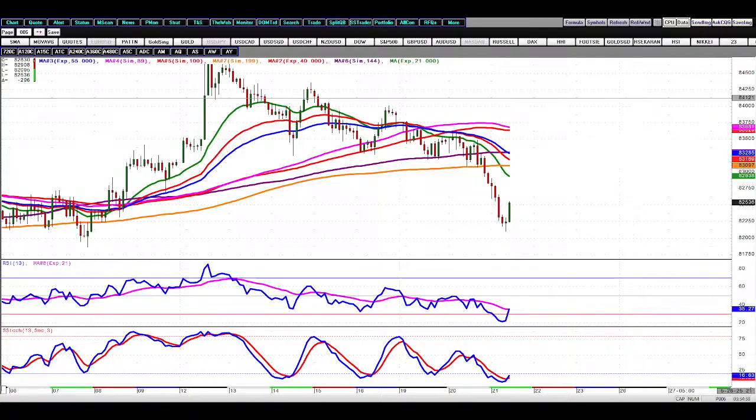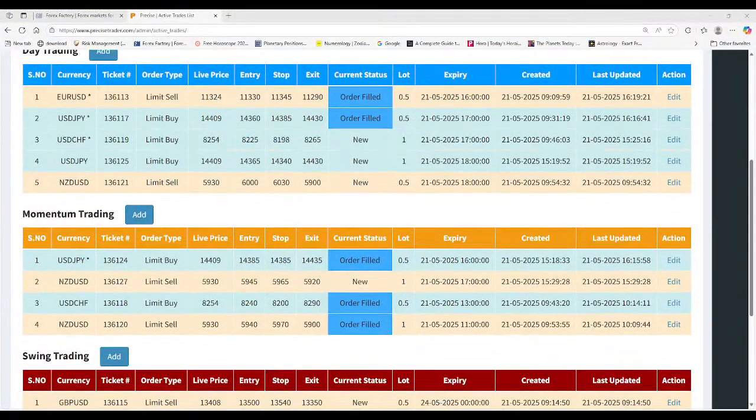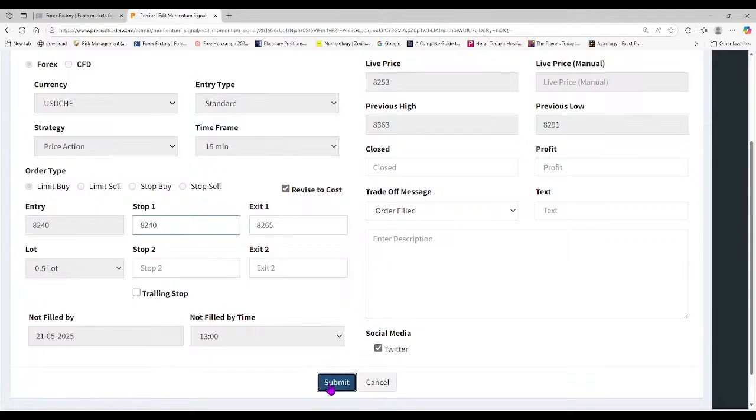So we'll try to change it to 65. Then the stop, I want to put it to cost. Okay, so this is going to be a free ride.